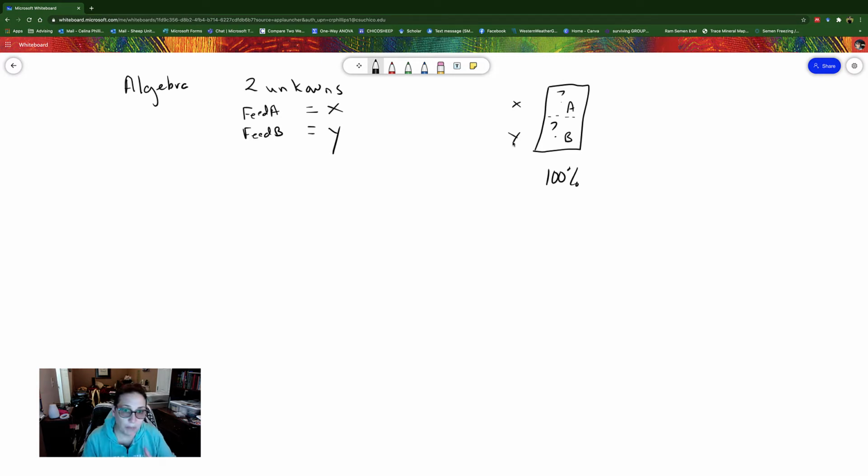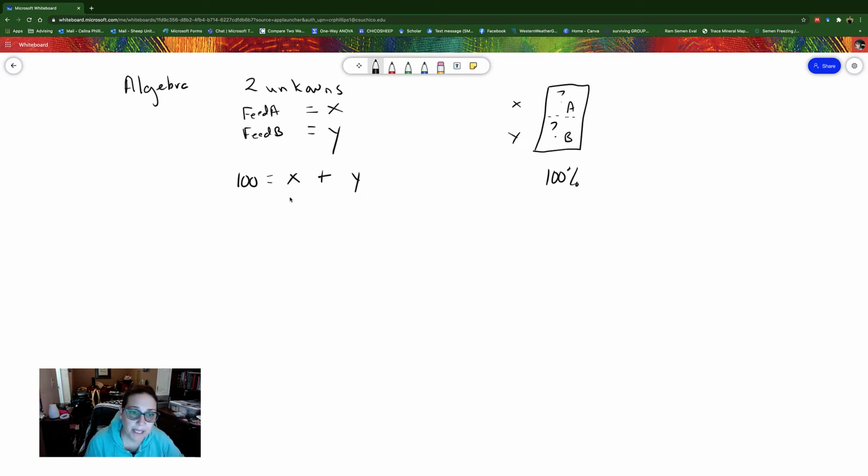What we do know is that 100% of this feed is going to be equal to some amount of feed A plus some amount of feed B. And so mathematically we can start establishing an equation to solve for this. But because we have the two unknowns, it's a little squirrely looking right here. Sorry, that's a technical term. It's a little strange looking right here.